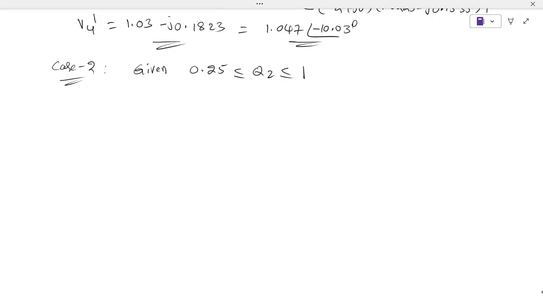But what is our calculated value? Q21 value is 0.215. Now tell me, is this value within the limits or not? No, because this 0.215 is less than the Q2 minimum value.